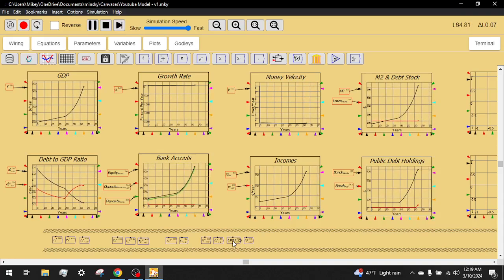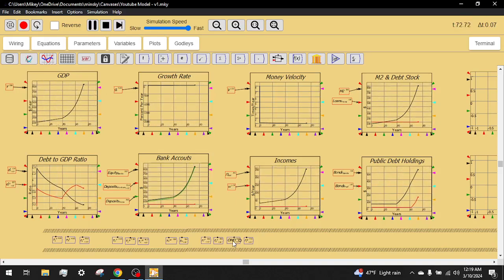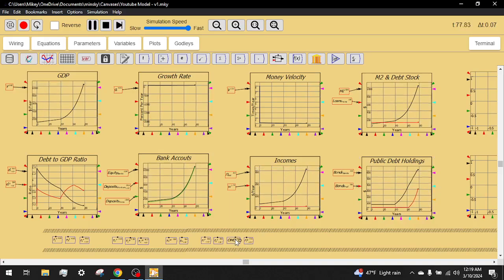Okay, so we're going to increase the bonds being purchased by the Fed. And you can see that the bonds held by the Fed line is going up, and the bonds held by the banks, that line is coming down. All right, and eventually they will pass each other at some point.